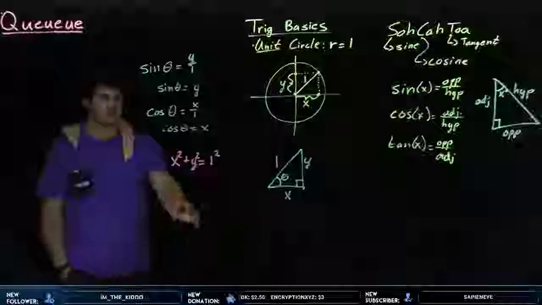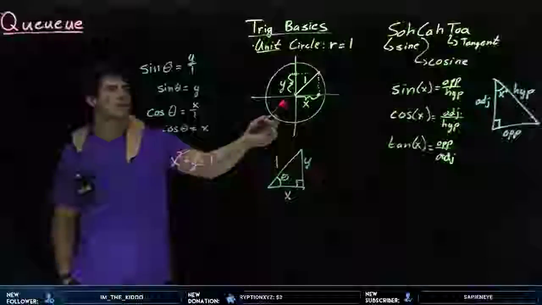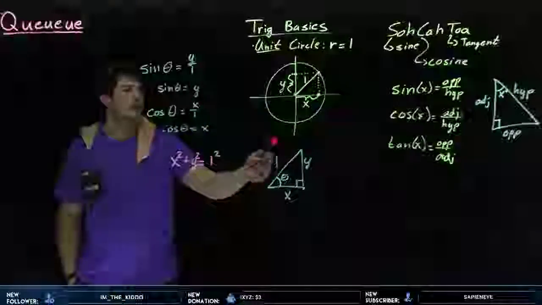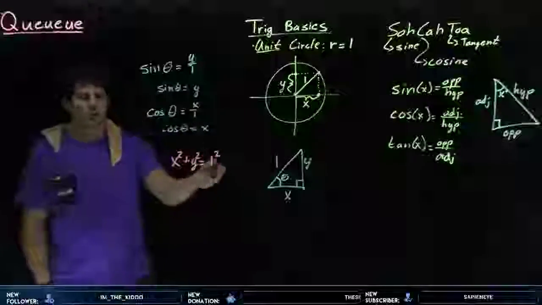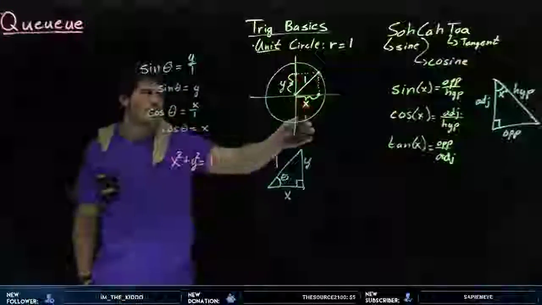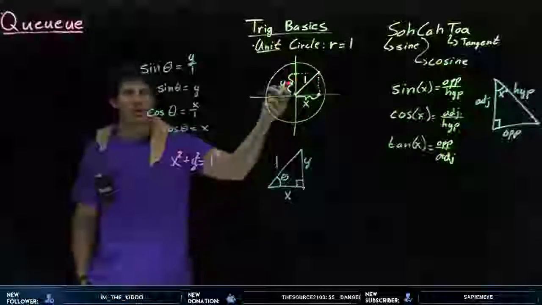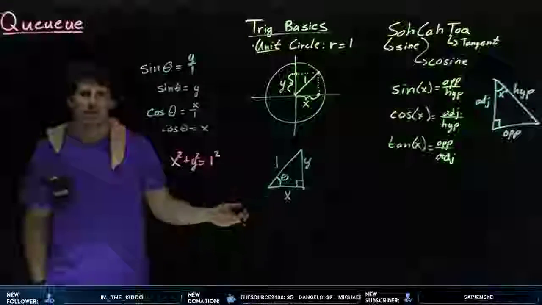Now, this on its own seems pretty straightforward, especially since I told you that it's a right triangle. We've proven that the sine is the y, the cosine is the x. Again, not really too important here. If this is the x value, of course, that added to whatever this y value is, when they're both squared, is going to equal 1 squared. Right? You understand the Pythagorean theorem.